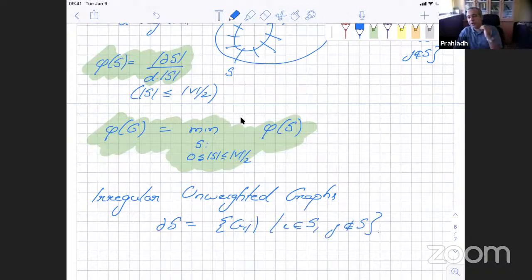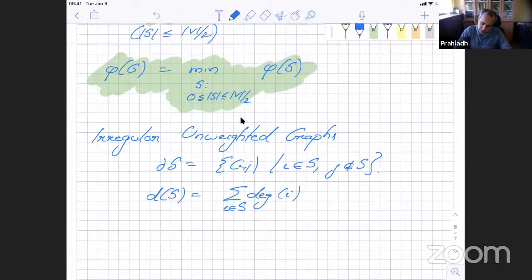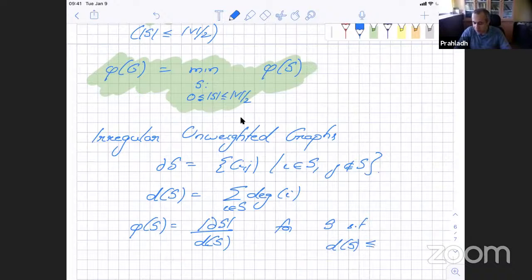And the denominator, instead of putting d times S, what you'll have to put is the total, the sum of all the edges that go out. So the denominator d of S, we'll write it as the summation of the degree of i, for i in S. These are all the potential edges that are leaving vertices in S. So in this case, phi of S is going to be defined to be the size of dou of S by d of S, for S such that d of S is less than or equal to d of V by 2.